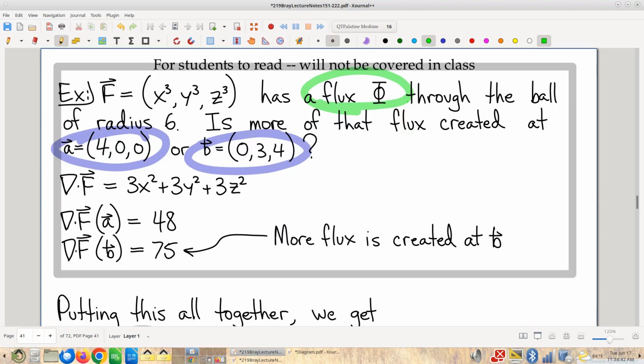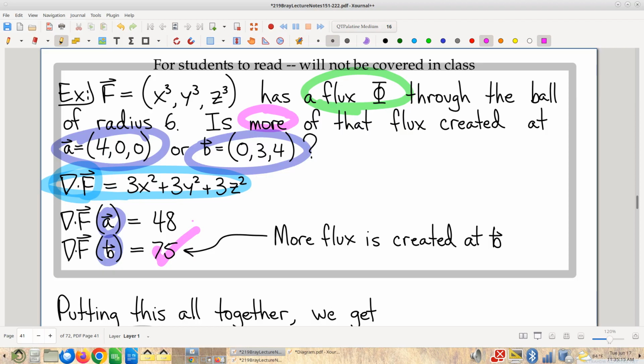And I want to know where more of it is between these 2 points. And well, if you want to know where something is, you look at the density. Divergence is flux density. That tells you where the stuff is. There's your formula for divergence. You plug in the 2 points, right? And you get these two values, and if you want to know where is more happening, well, more is happening where the density is bigger.